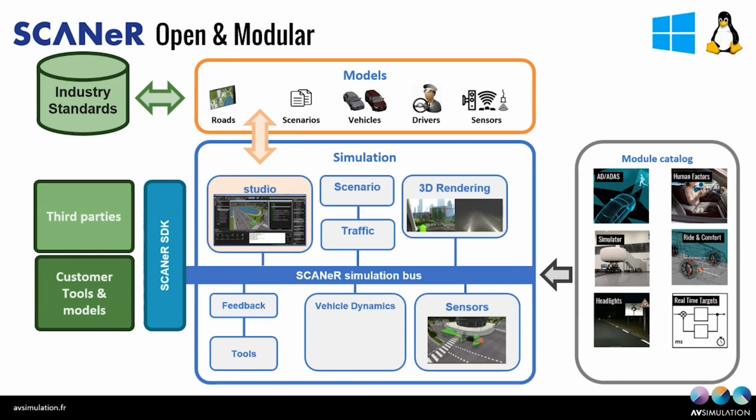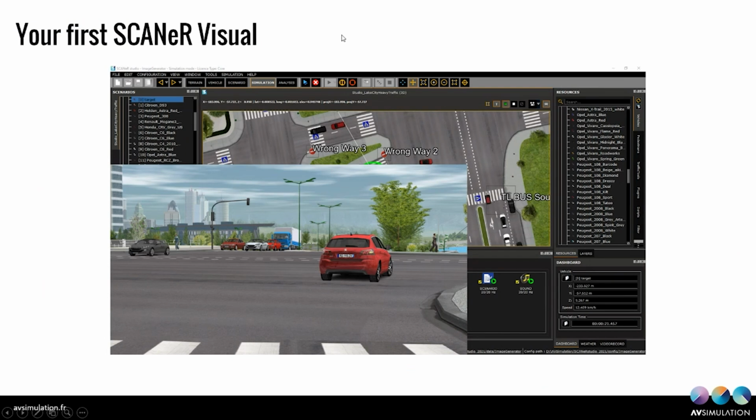That said, we will now go into the part that is interesting for us today, which is the 3D rendering. When you install SCANeR Studio, you get a 3D rendering that is configured by default. This is the one you can see here. It takes only partially the screen, and is designed only for workstation monitoring of the scenario creation phase.